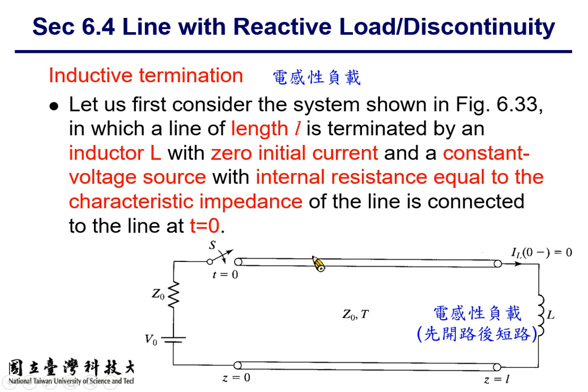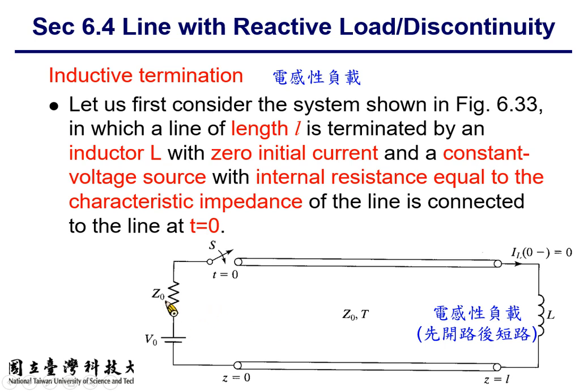As the switch closes at t equal to 0, the source, now that this is a DC source, a battery, will provide a V plus signal that goes from left to right in the transmission line. The amount of V plus signal is what?